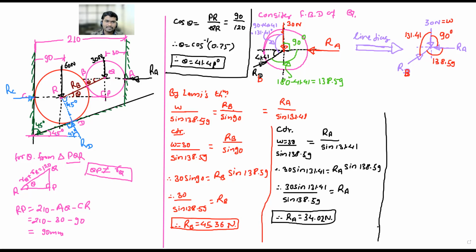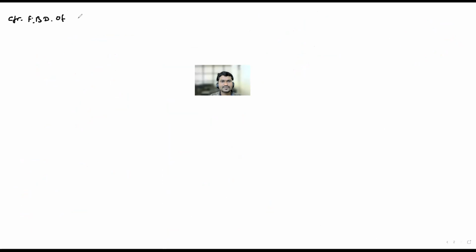FBD of sphere R. मी नेक्स्ट पेज वरती घेतो. Slow down. Consider the free body diagram, that is the FBD of sphere R. Firstly the sphere as it is.